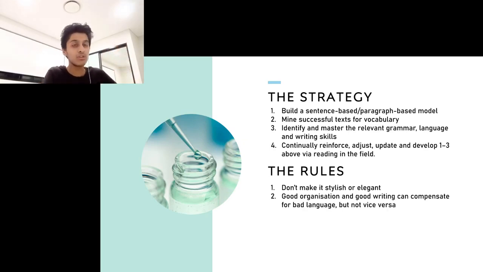So when you're writing a specific paper, you also want to go into that field. You want to see how they structure and how they use grammar, language, and writing skills, and get an idea. Once you have that idea, you can create a paper that also fits their conventions. So the strategy really is to study other papers.